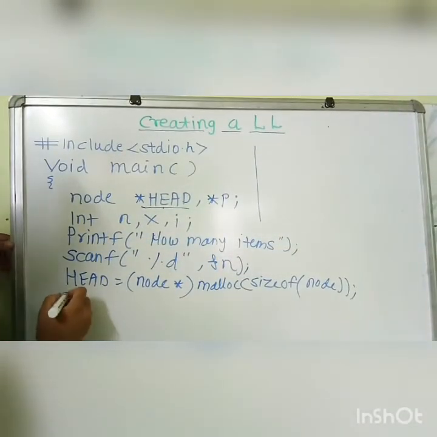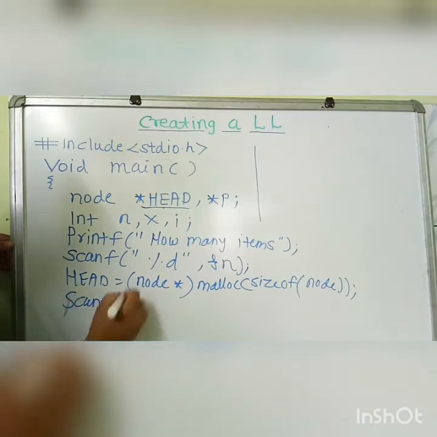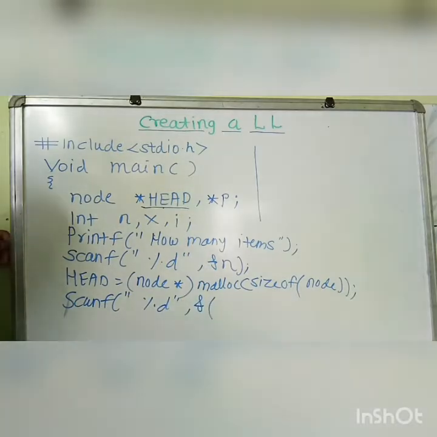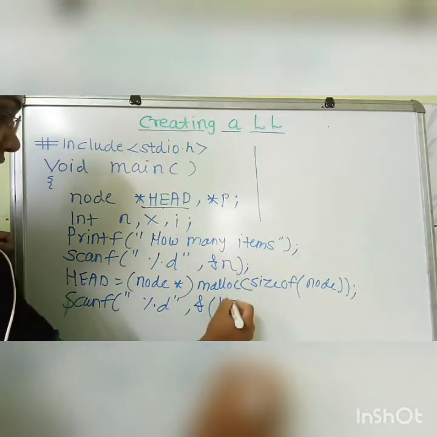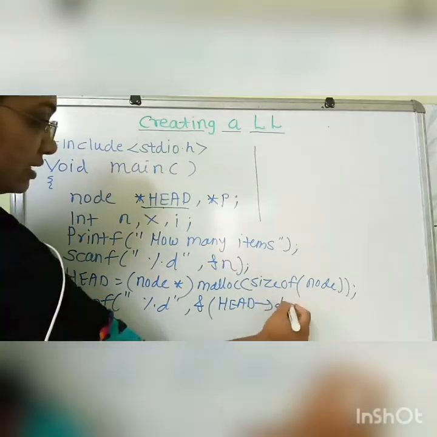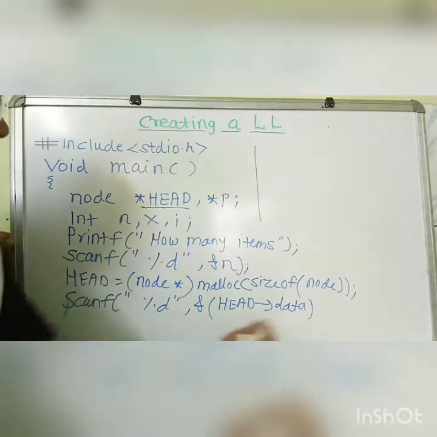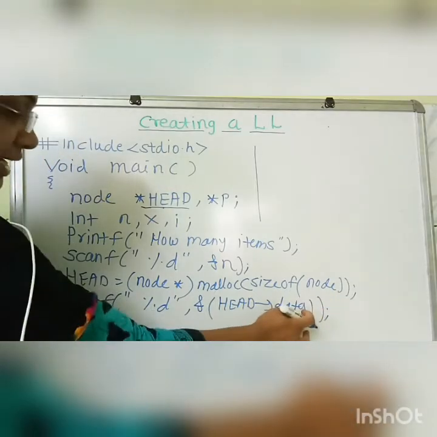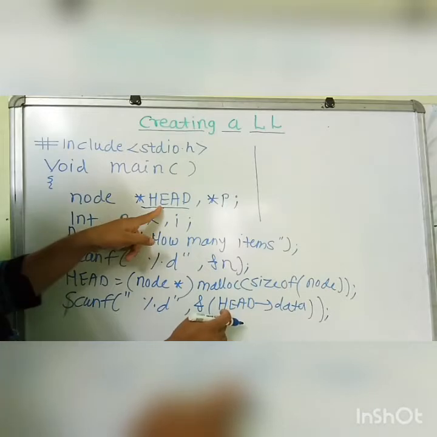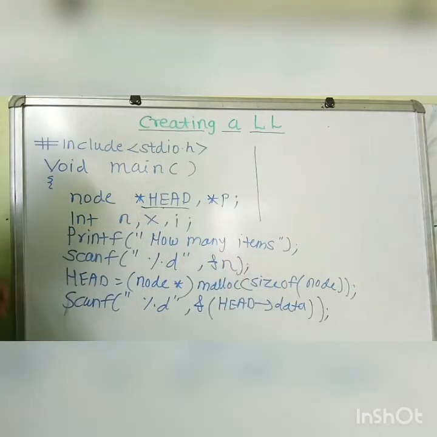So here we are accepting it as scanf %d ampersand head pointer data. As in typedef we had declared the data item in the data variable, and head is the variable of the structure, through it we are accessing the data.